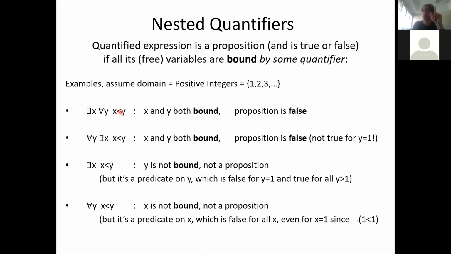But that's almost a good example. Why almost? It works for every x that is at least 2. Because, yes, for 2, x minus 1 is 1. For 3, x minus 1 is 2.